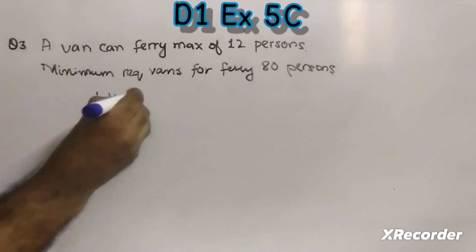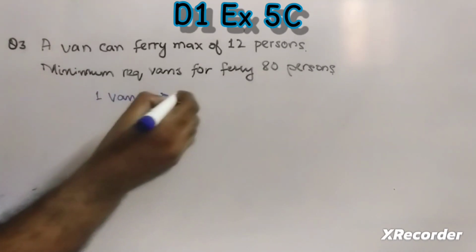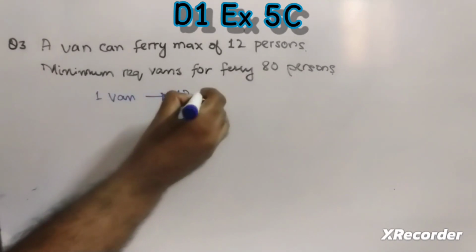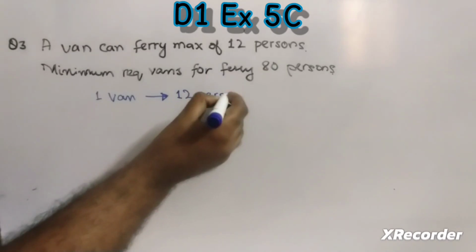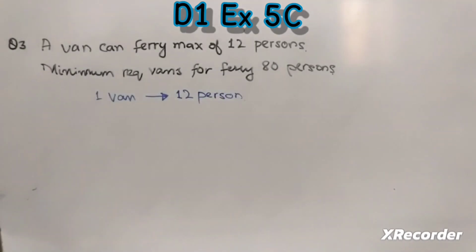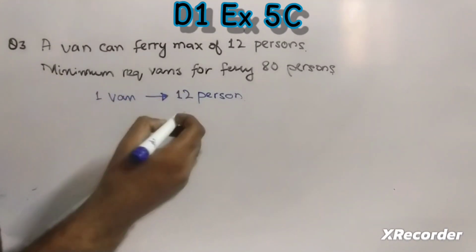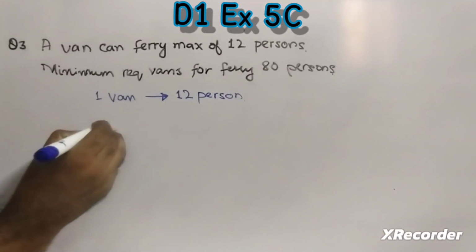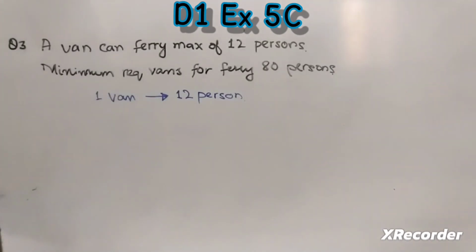One van can adjust 12 persons. Likewise, two vans can adjust 24. So for 7 vans, this is a multiple of 12.